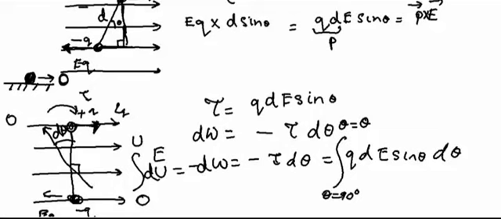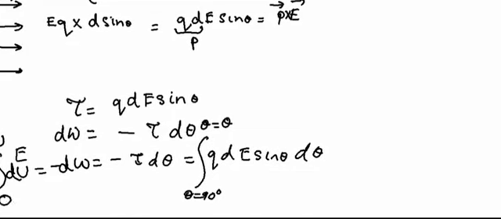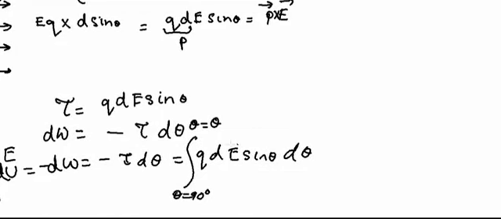How do I evaluate this? q is constant, I am not changing the charge, I am not changing the distance, I am not changing E, but I am just changing theta.